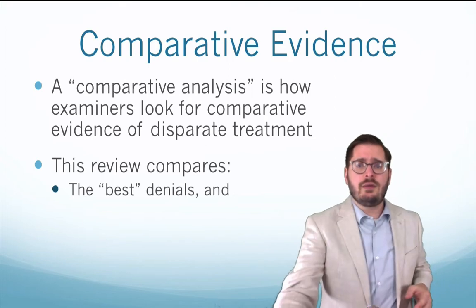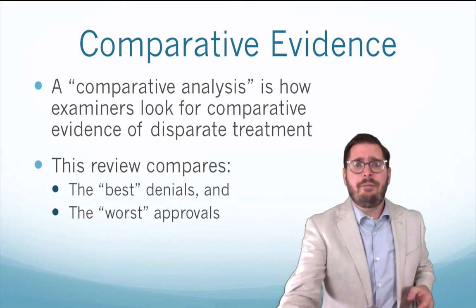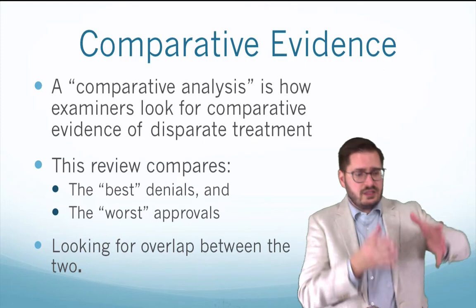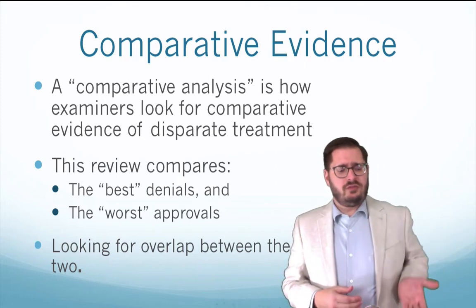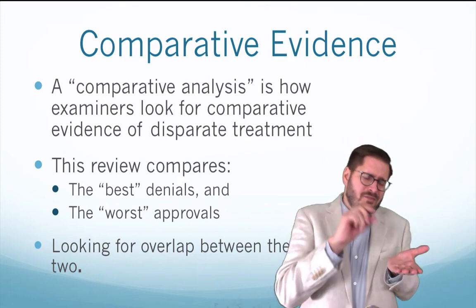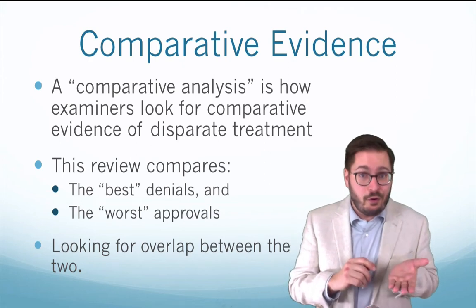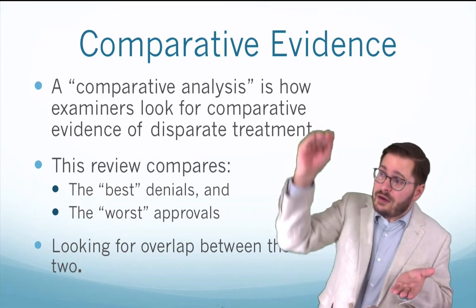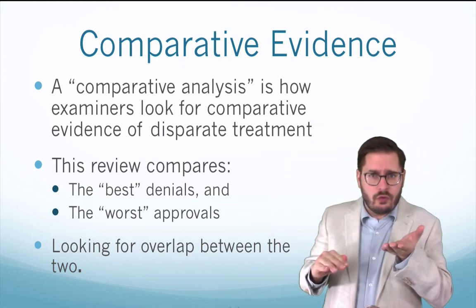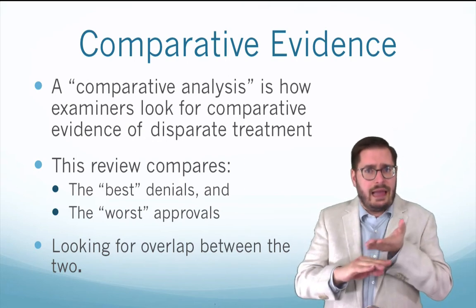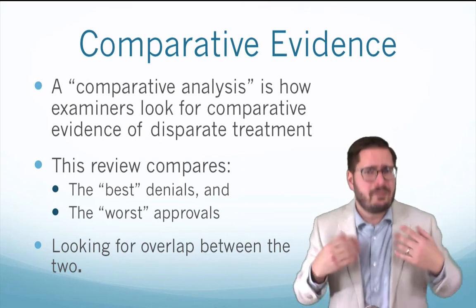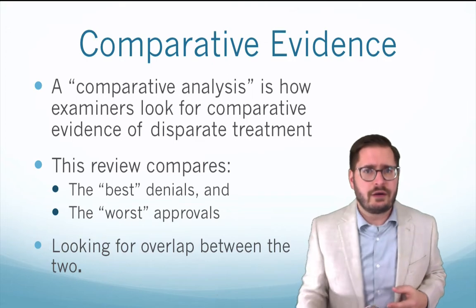They take the absolute best denials, those that just barely missed being approved, and compare those against your absolute worst approvals, and then they look for overlap. And it's that overlap that becomes the comparative evidence of disparate treatment.